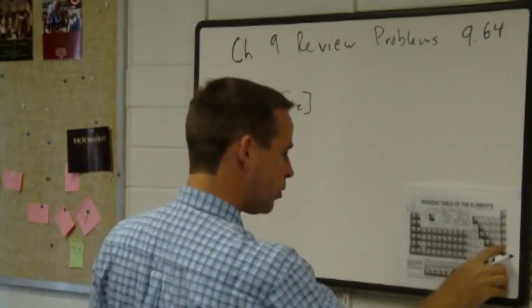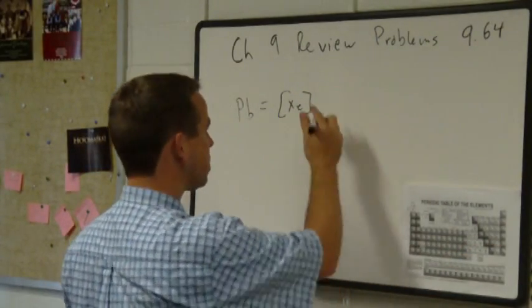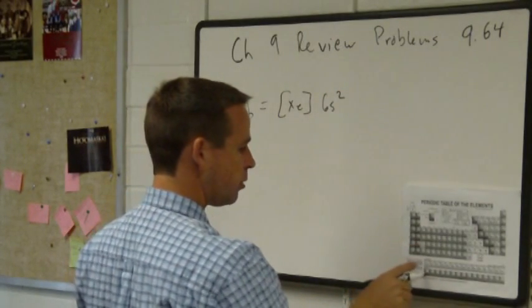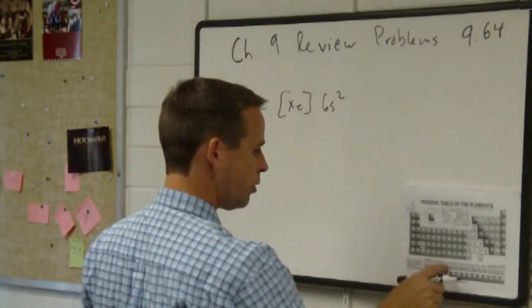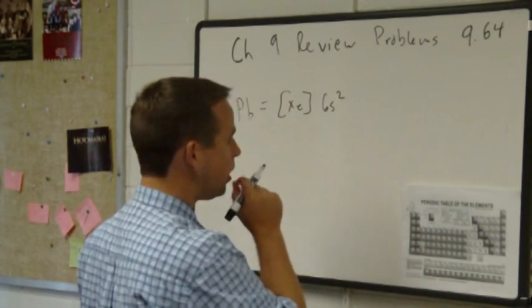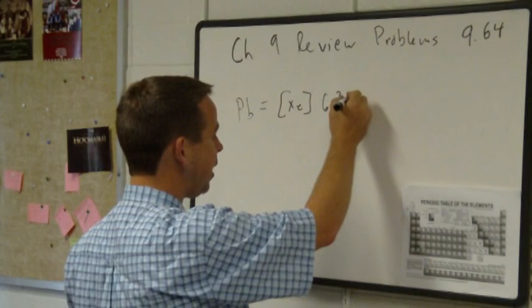Okay, we go from the xenon, we get 6s2. After our 6s2, we have 1, 2, 3, 4, 5, 6, 7, 8, 9, 10, 11, 12, 13, 14 f's, right?